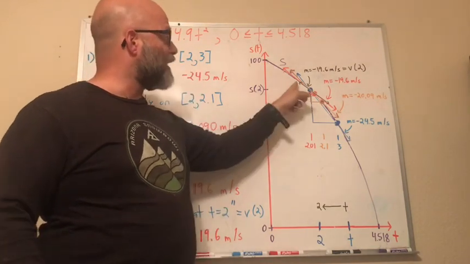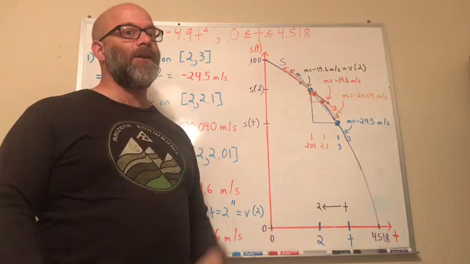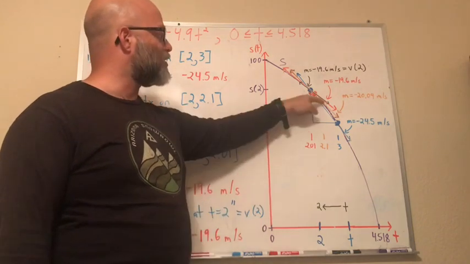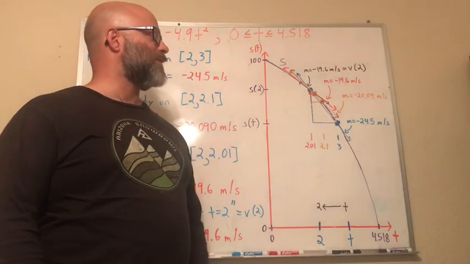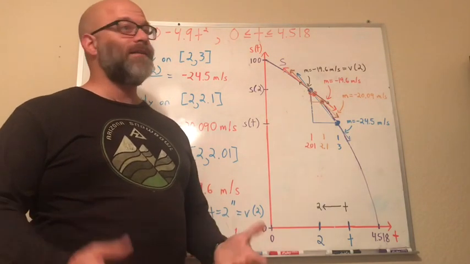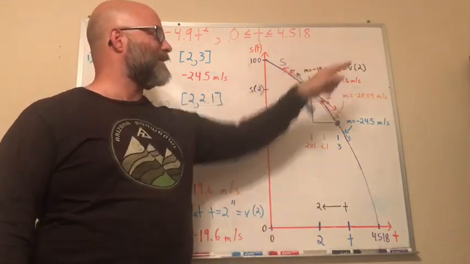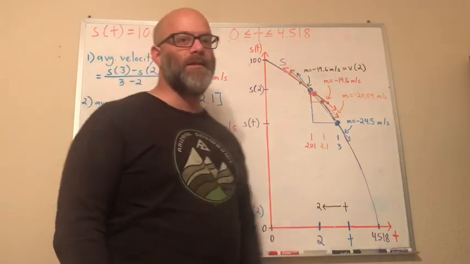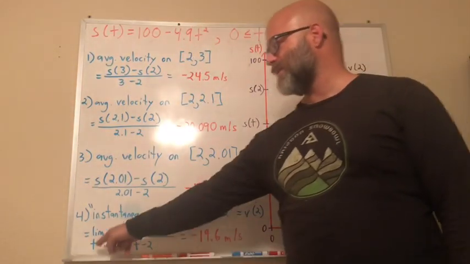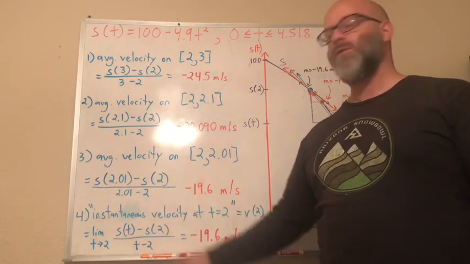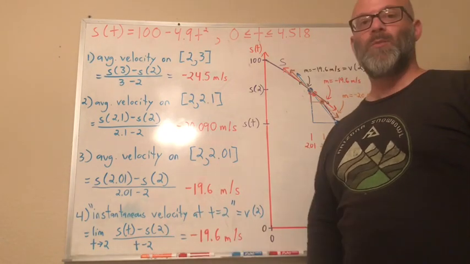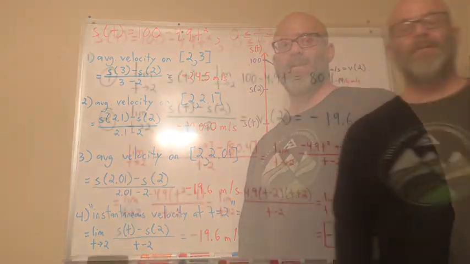This black line will not only be a secant line going through 2 points, but a tangent line as well, and its slope is going to be negative 19.6 meters per second. That is what v of 2 is, the instantaneous velocity at time 2. That corresponds to this limit: the limit as t approaches 2 of s of t minus s of 2 over t minus 2 equals negative 19.6 meters per second.